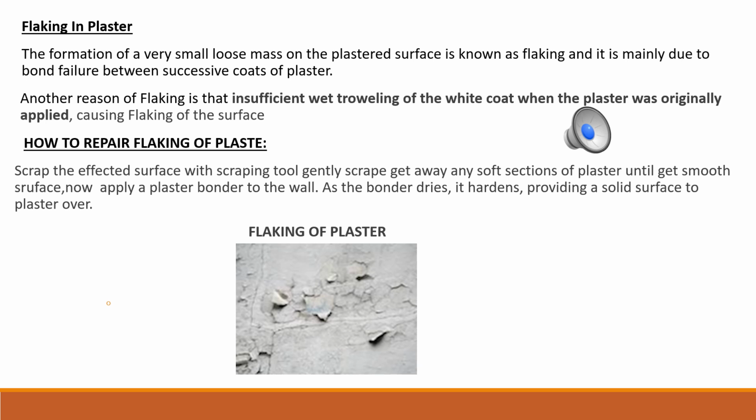It is essential to remove the flaking area with a scraper or sharp knife till the entire surface is scraped. Getting a smoother surface, apply the bonding agent and let it dry, then apply the new plaster above it. This is the only remedy for flaking of plaster.